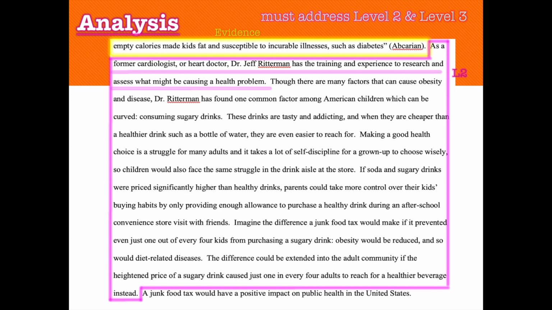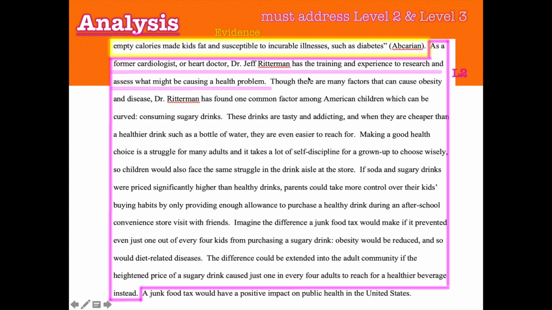The person who says this is actually the journalist, but journalists are supposed to be objective and they're just conveyors of information. It's who she's citing in this moment, which is Jeff Ritterman, that's important. And I talk about how he's a cardiologist, a heart doctor, and he's got the background to be able to speak on what can cause heart problems and perhaps even how to prevent it.